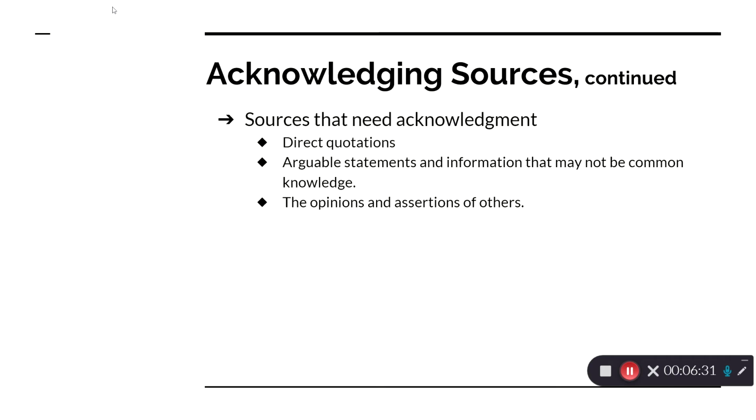When it comes to your research, you're going to have to find something that helps you out with your thesis, and you're going to have to back up your thesis with professionals' or scholars' opinions and assertions as well, even if it's something that you agree with and you've thought of yourself. A lot of times, it makes your work more reliable if you have reliable sources to back up your opinions.